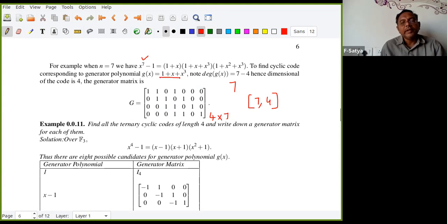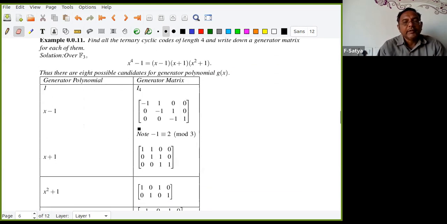So a polynomial of degree 3 gives a 7 comma 4 code. A polynomial of degree n minus k will give me an n comma k code. If you think it is degree k, then write n minus k here. Don't worry much. But the generator matrix we always write as k comma n. To be consistent with that, we took the degree of g(x) as n minus k. Okay, so here I gave several examples.